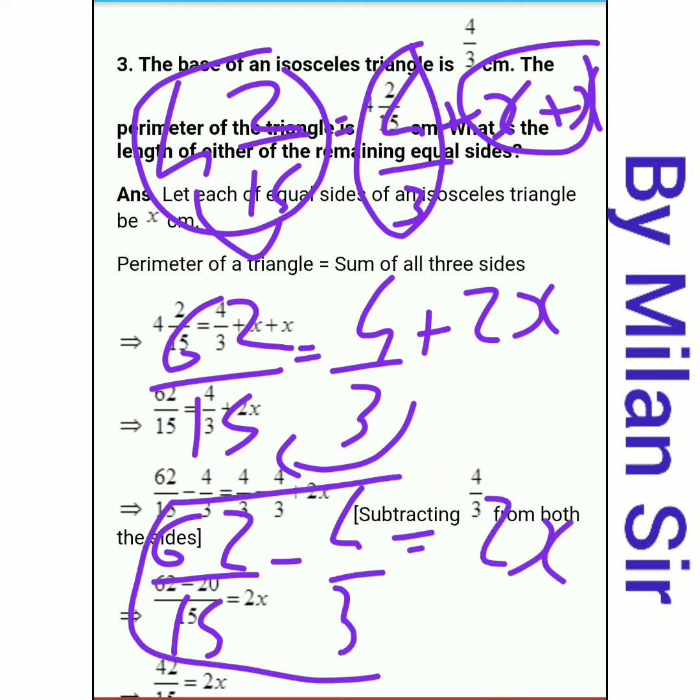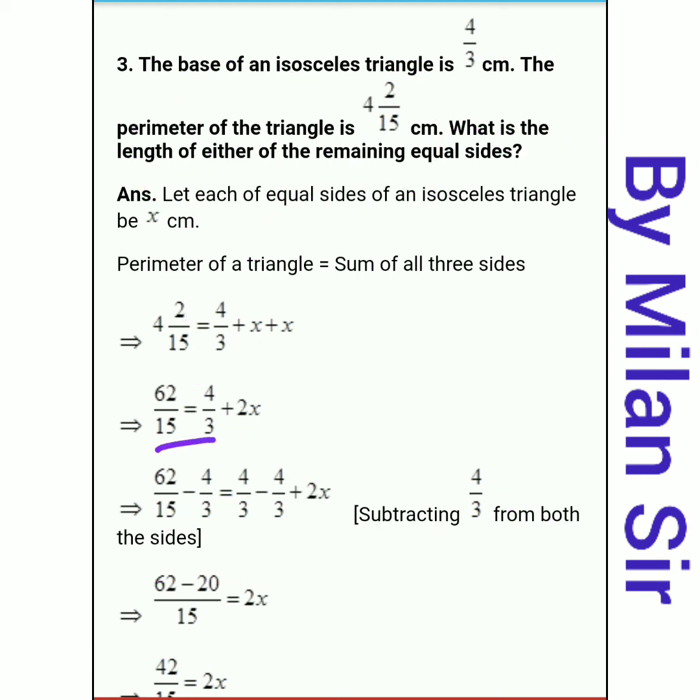Here we need to do subtraction, and for that we need to take the LCM. The denominators are 15 and 3. The LCM of 15 and 3 is 15 only, because 15 comes in the table of 3.